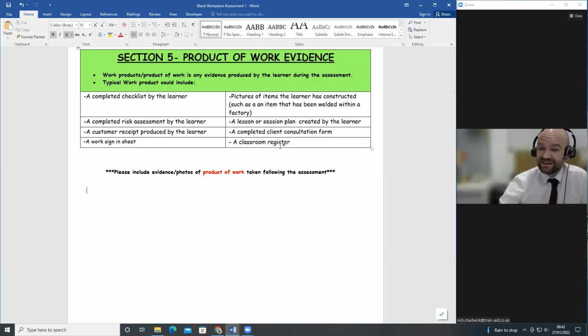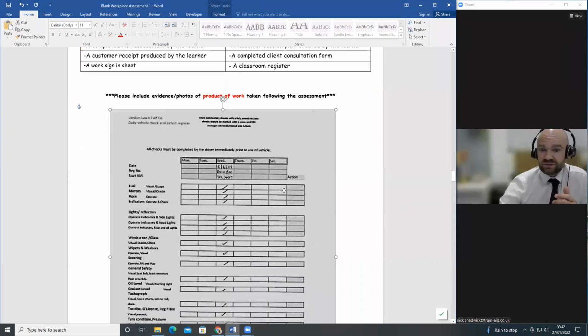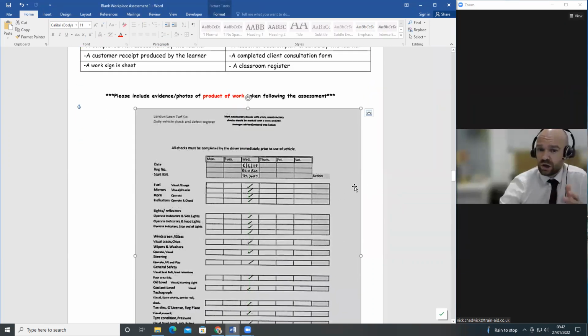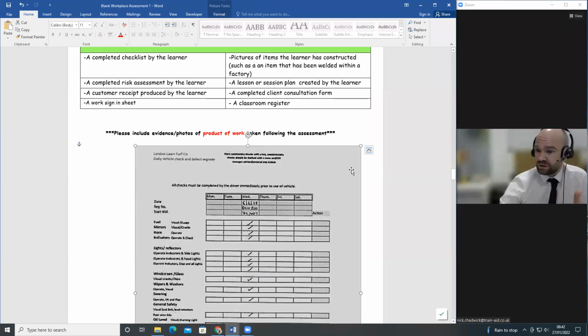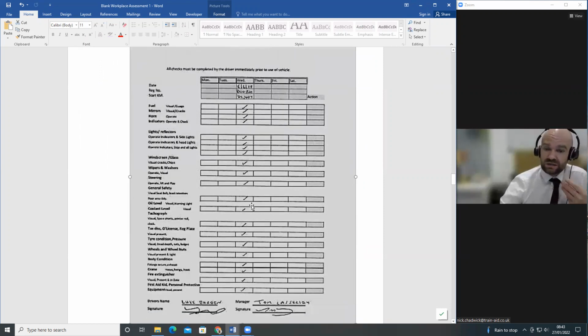The last thing I would say is that for any product of work, please do include the picture. I'm just going to use the one product of work from our assessment with Luke at the vehicle check. As you can see here, this is a checklist and it's been ticked off by Luke during the assessment.